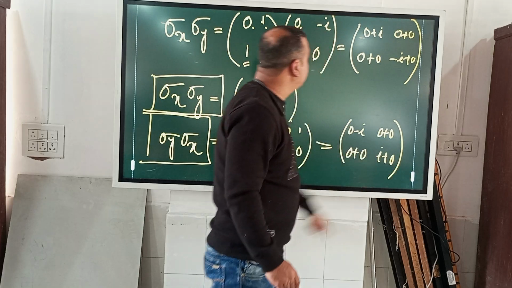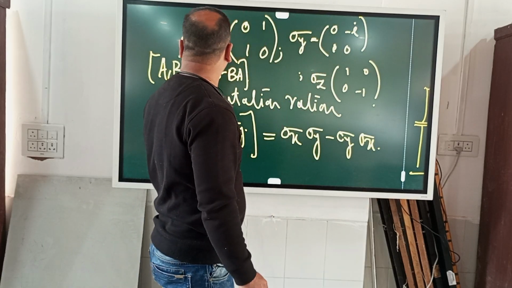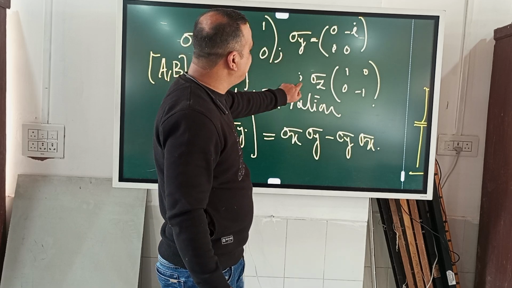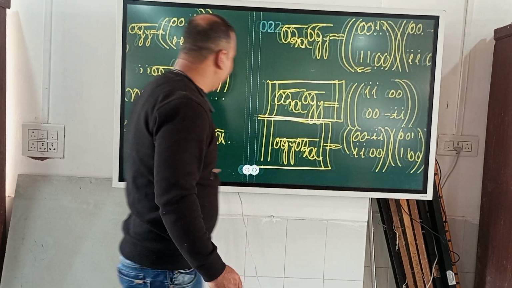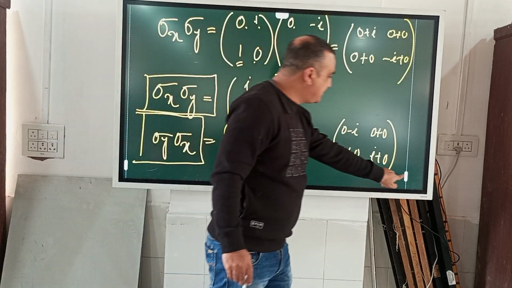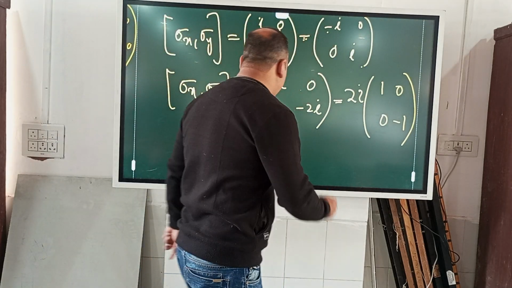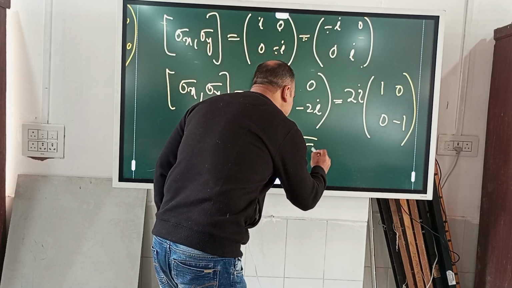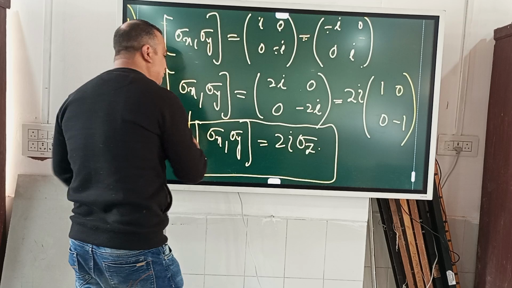And we should check it out. Let us check it out. Sigma x, sigma y, and sigma z: 1, 0, 0, minus 1. So what is happening? Sigma x and sigma y, they don't commute, so you have sigma z. And what we can do is generalize it.